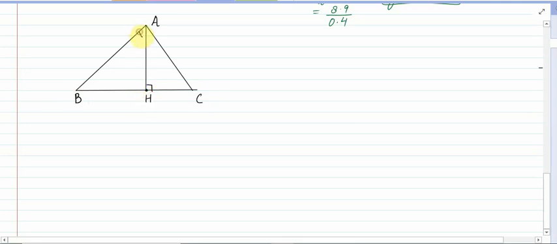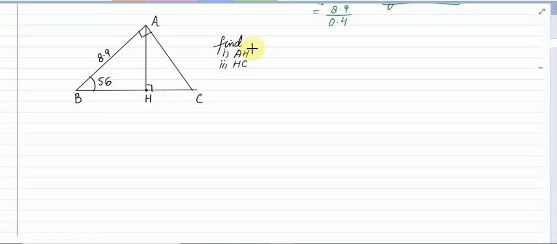The angle A is known, that is 90 degree. The length of AB is 8.9. The angle is 56 degree. We need to find the value of AH in first part and HC in second part, right? So that is your question.